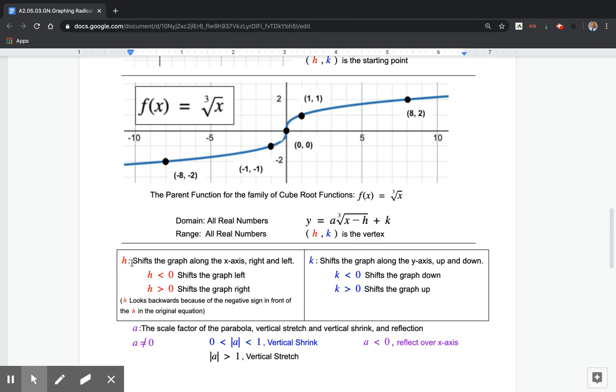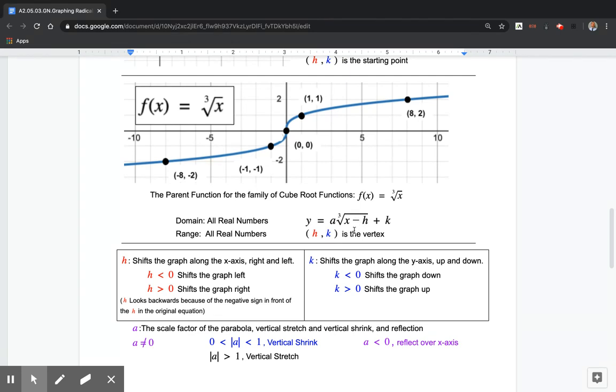The h is going to shift the graph along the x-axis, left and right. If we substitute a value where h is less than 0, that shifts the graph to the left. So if we substitute in, let's say, -1, then x minus a -1 really becomes x + 1.